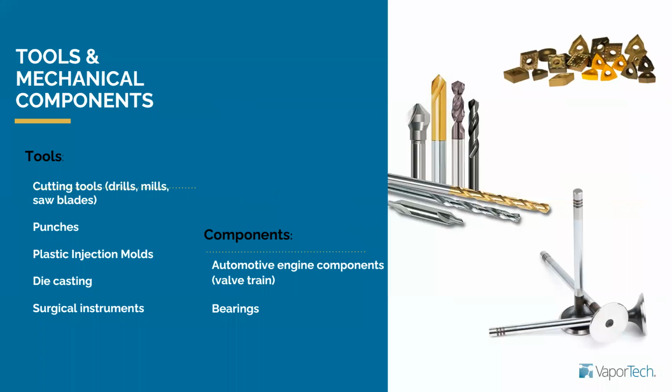All right, so going more towards the hard coatings, which are used in tools and mechanical components. When we talk about tools here, normally it's cutting tools: drills, mills, saw blades. There are punches that can be used for metal forming, but also punches and dies used to form pharmaceutical components such as pills.